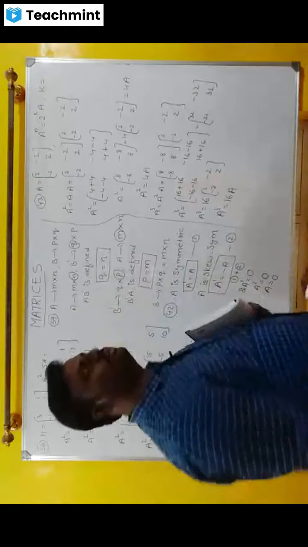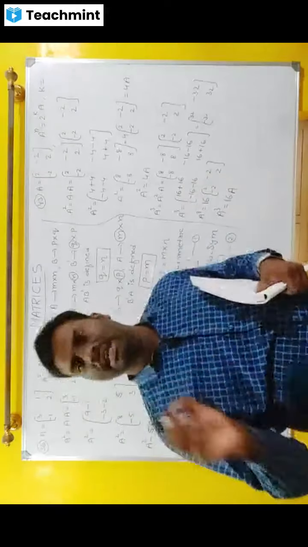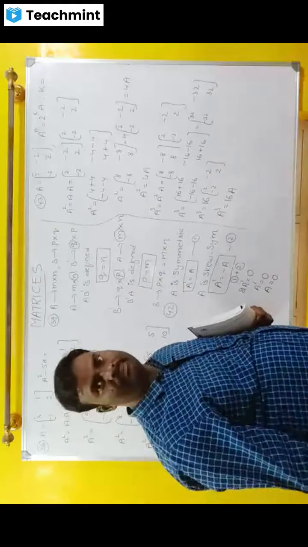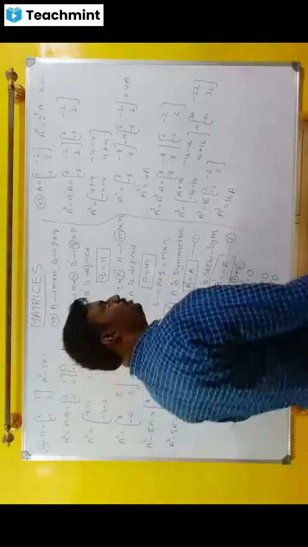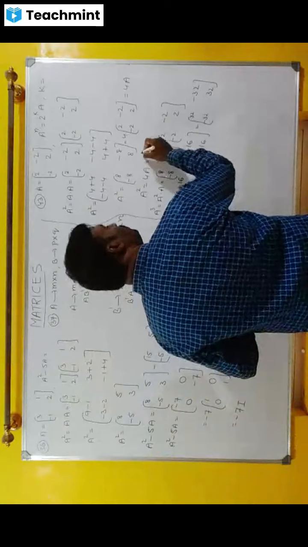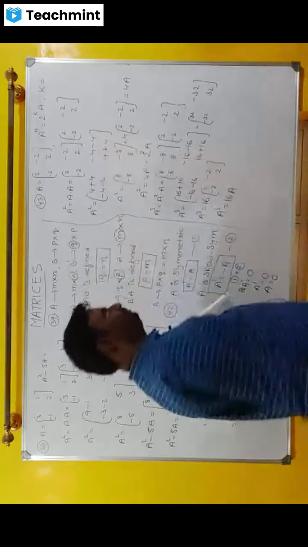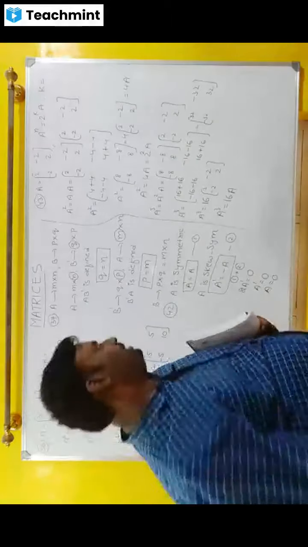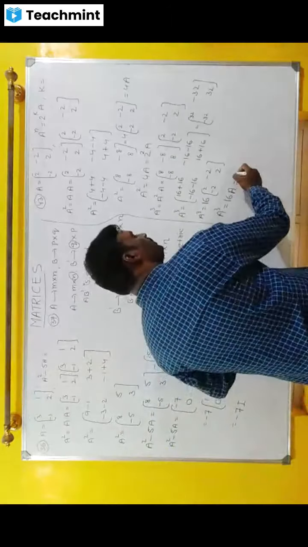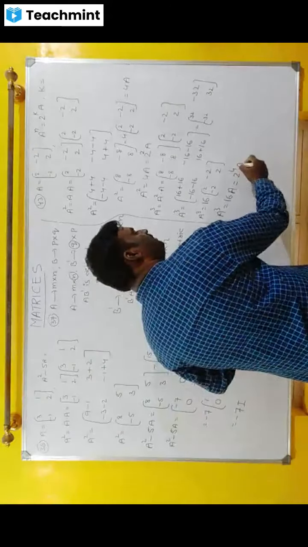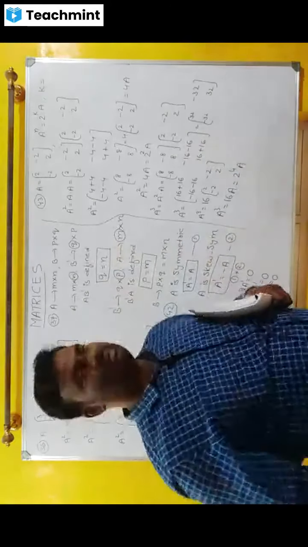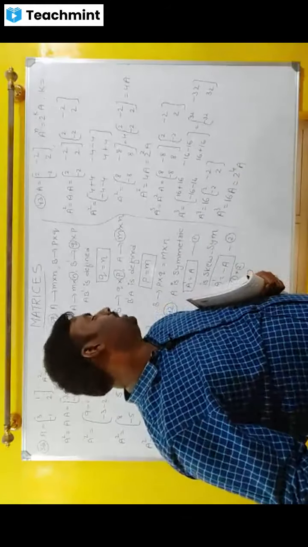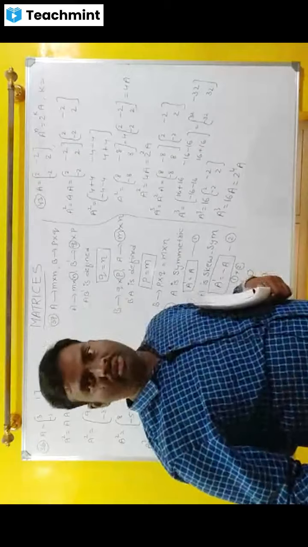So finally we got two values: A square is 4A, which I can write as 2 square into A, and A cube is 16A, which can be written as 2 power 4 into A.